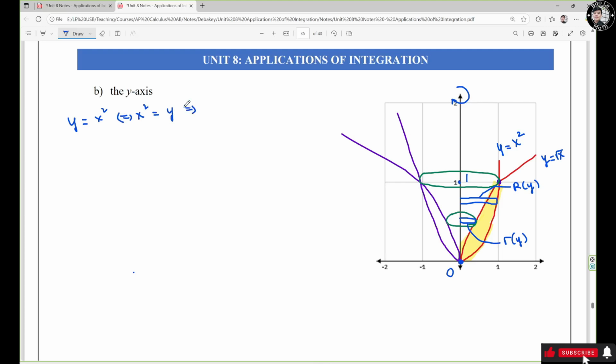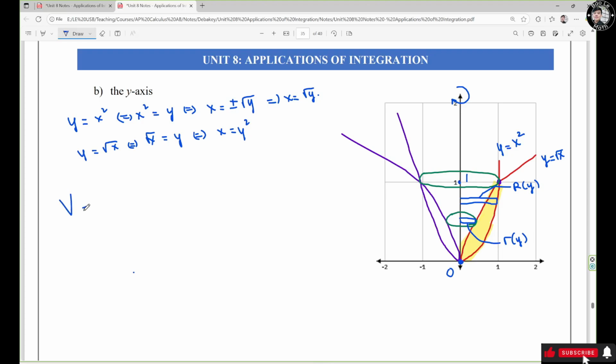Take the square root of both sides, so s equals plus or minus square root of y. Because this one is above the axis, we're going to take s equals square root of y. Now y equals square root of s, then square root of s equals y. Square both sides, so s equals y squared.